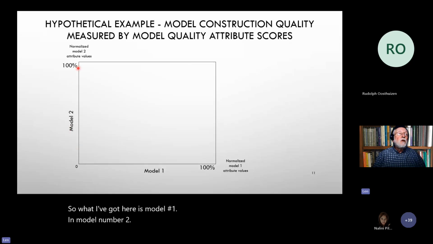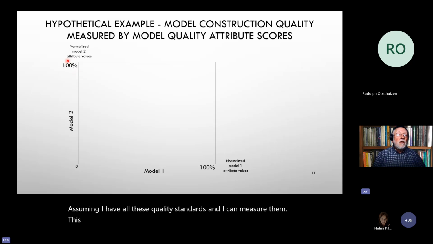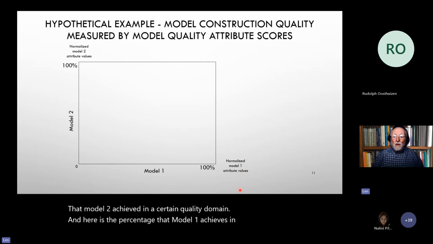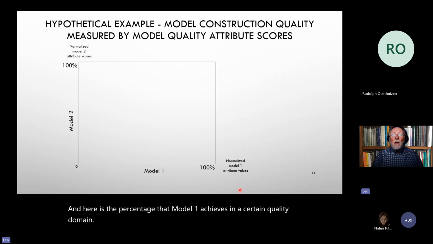And what I'm going to measure is, assuming I have all these quality standards and I can measure them, this is the percentage that model 2 achieved in a certain quality domain. And here is the percentage that model 1 achieves in a certain quality domain. And let me go forward here.